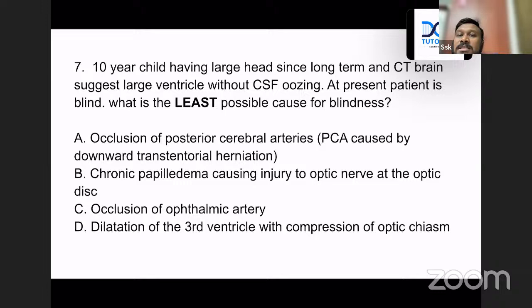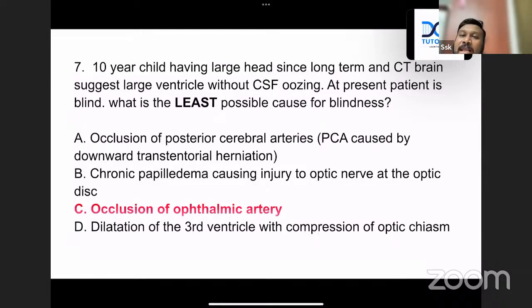What cannot cause it is occlusion of the ophthalmic artery. Hydrocephalus is not going to occlude the ophthalmic artery. Of course, ophthalmic artery occlusion can result in field defects and blindness, but not because of hydrocephalus. So after ruling all other options out, we get to the answer as option C.